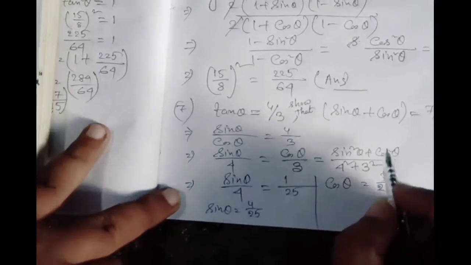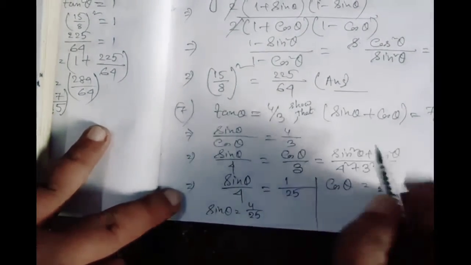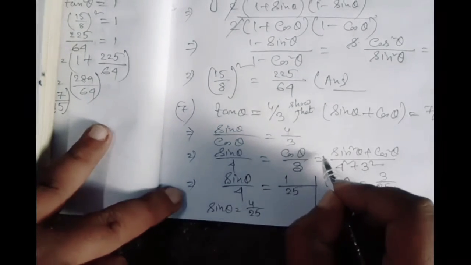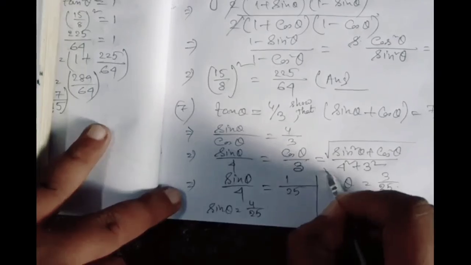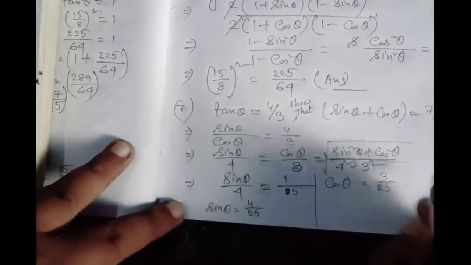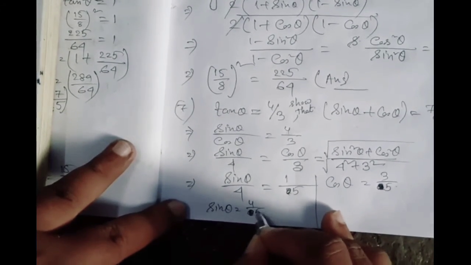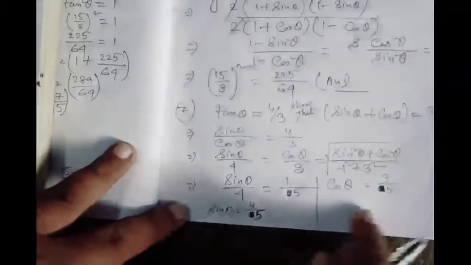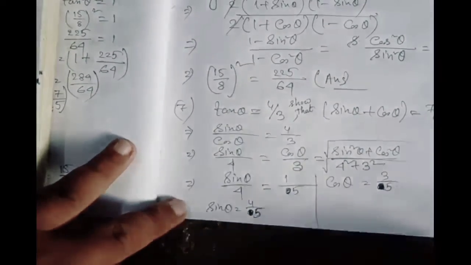Sorry, in this case we have to take the square root, root over of this and root over of this. So this equals 5 and this equals, again, 5. So sin theta is equal to 4 by 5 and cos theta is equal to 3 by 5.